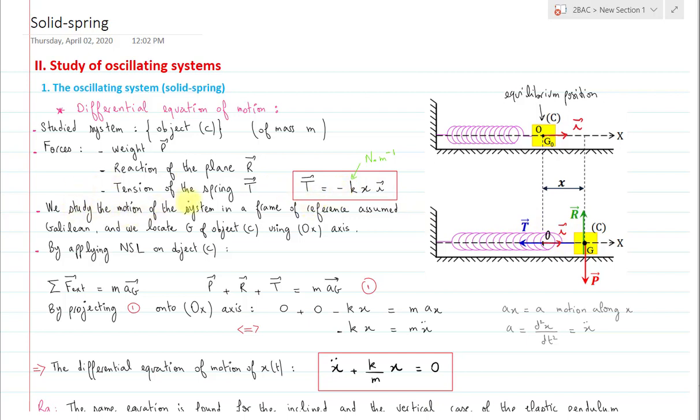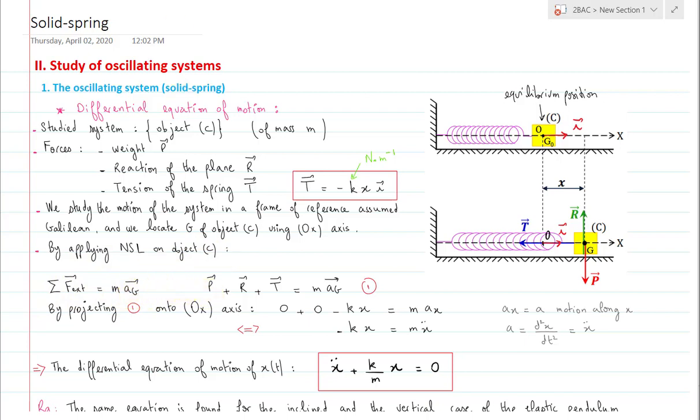So we study the motion of the system in a frame of reference assumed Galilean, and we locate the center of gravity of object C using the OX axis. By applying Newton's second law on object C, the sum of forces is equal to the mass times the acceleration.